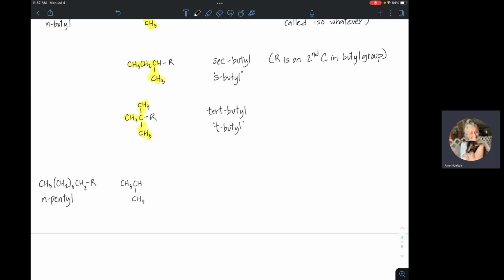So right now, that's an isopropyl group, but we still have 2 more carbons to go, and then R. So this right here, that isopropyl group, and then the 2 other to make it a pentyl, turns it into an isopentyl. I've got 5 carbons in the group with a terminal isopropyl.